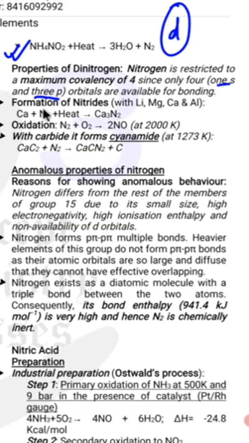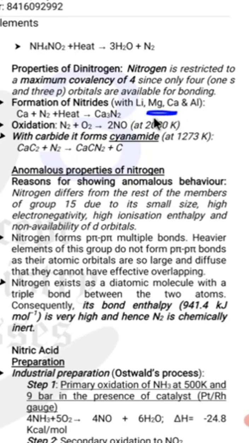The next property of nitrogen is formation of nitrides. We can react nitrogen with calcium, and the mixture must be heated to form calcium nitride. With oxygen, nitrogen forms nitric oxide, and this is formed only if we heat the gaseous mixture at 2000 Kelvin.